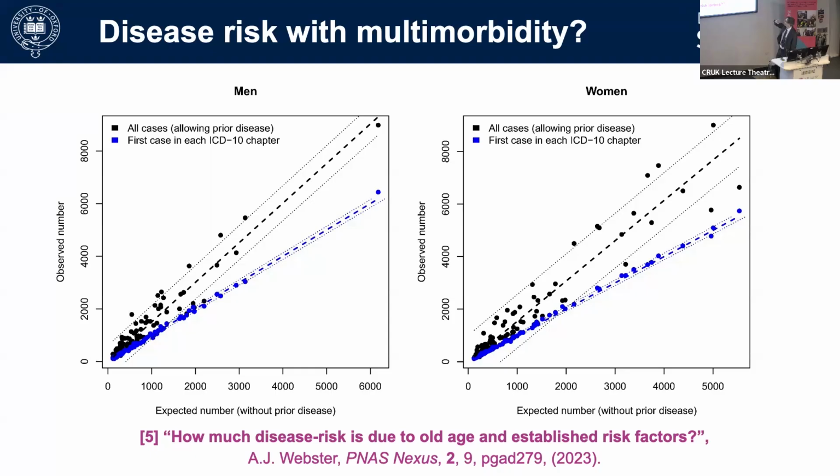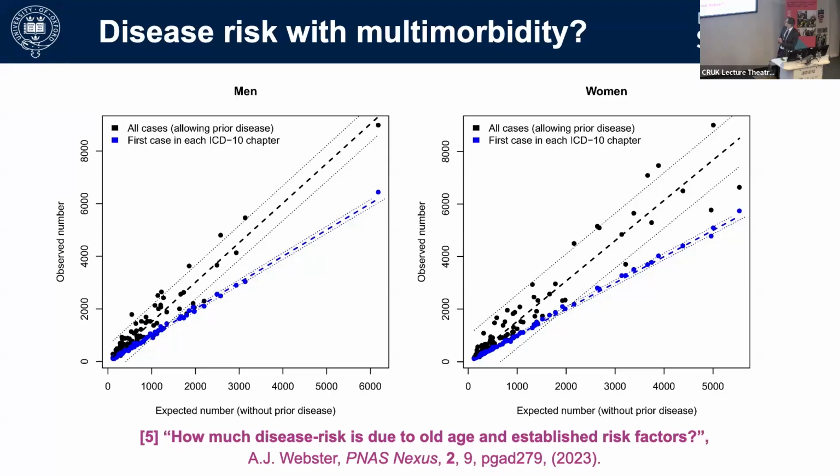There are two fairly surprising things about this. One is that the increase is fairly modest. It's about 50%, which actually is not that large compared to how other factors such as smoking may increase your risk of some disease types.